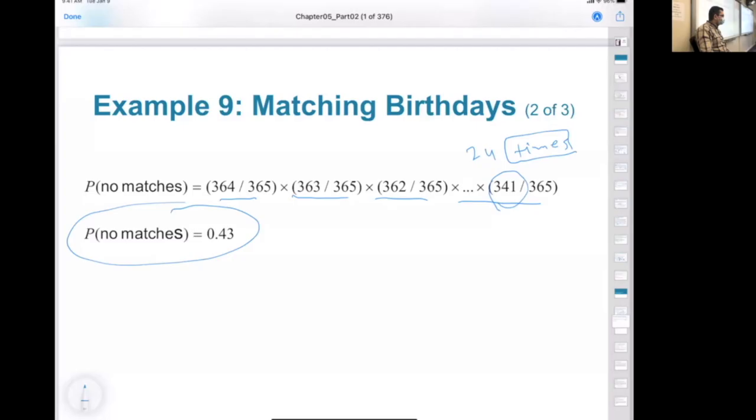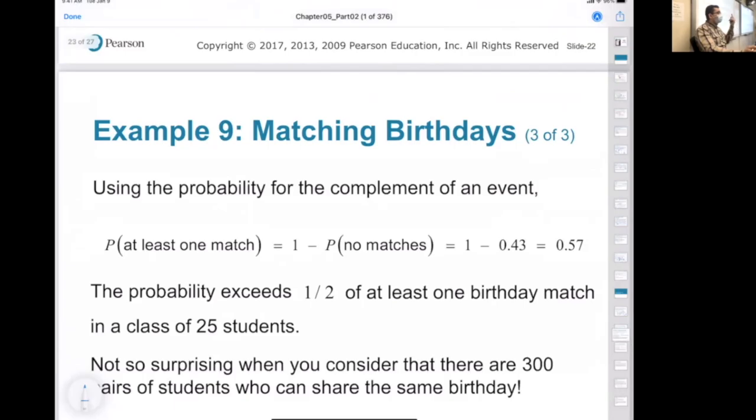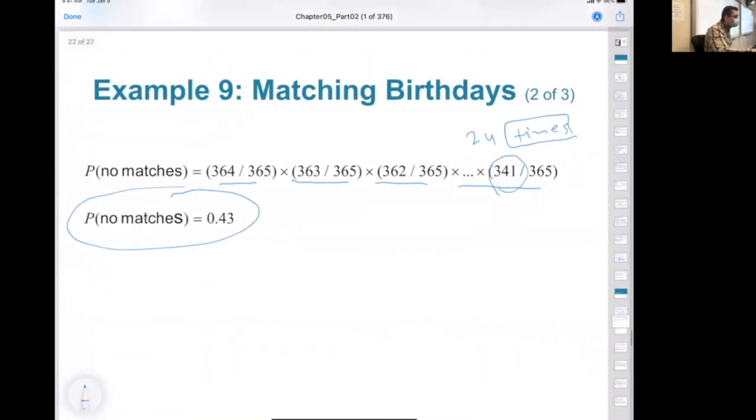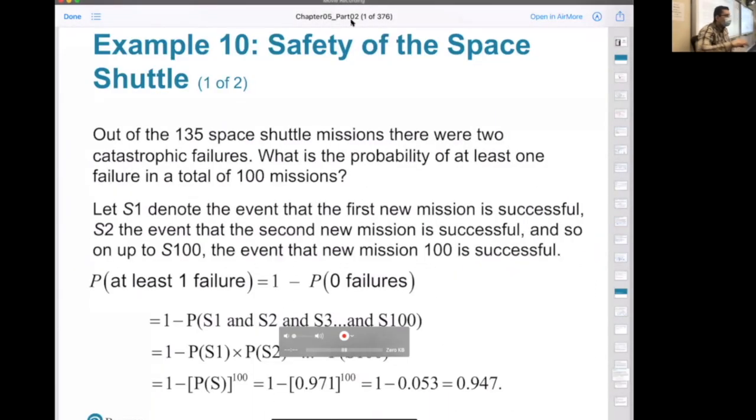The probability of at least one match is 1 minus the probability of no matches. So it's 0.57, or 57%.